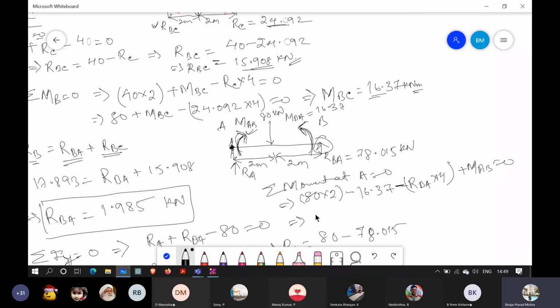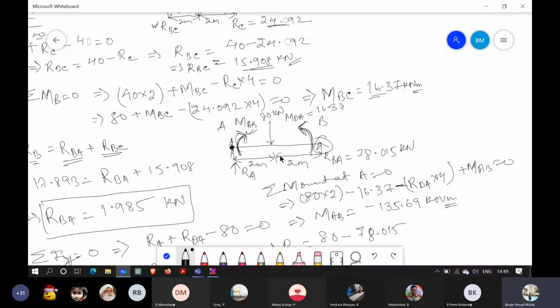This implies MAB equals minus 135.69 kilonewton meter.